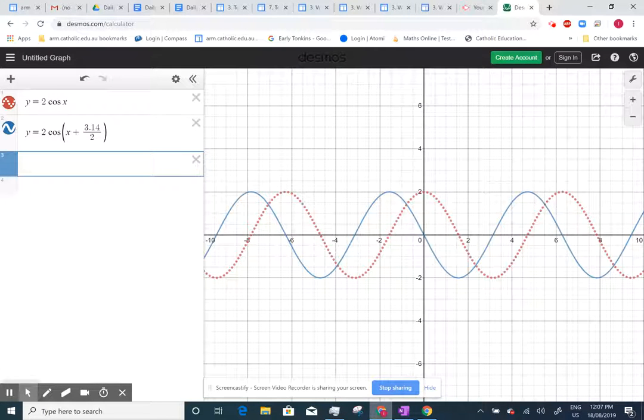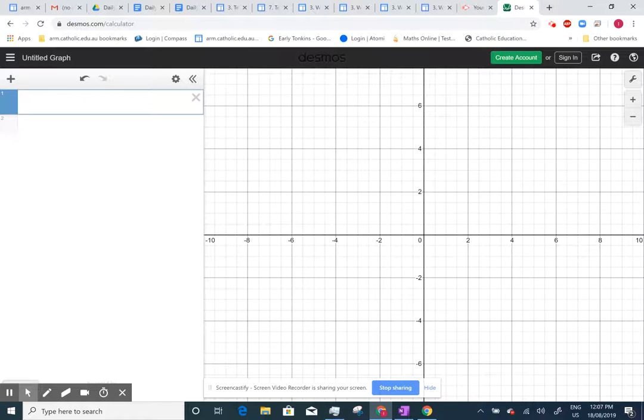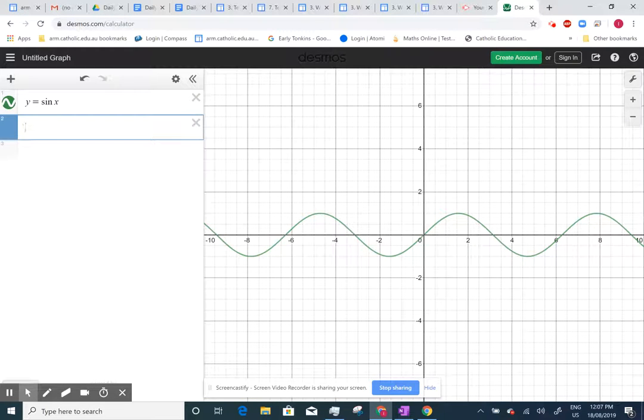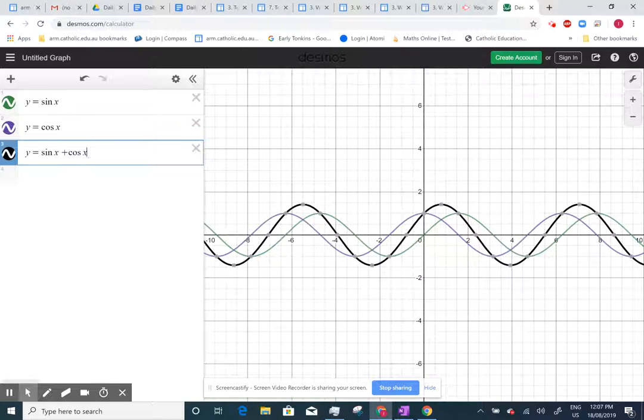So again, draw y equals sine x and y equals cos x. And y equals sine x plus cos x.